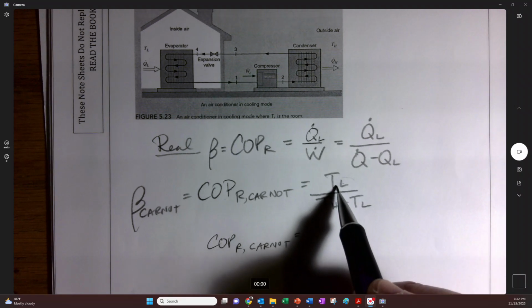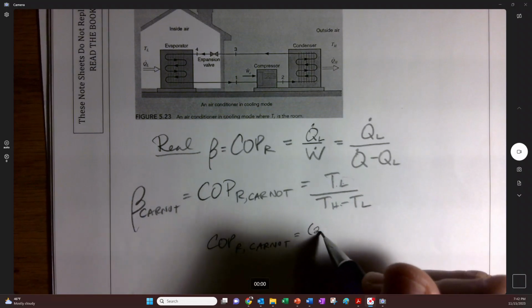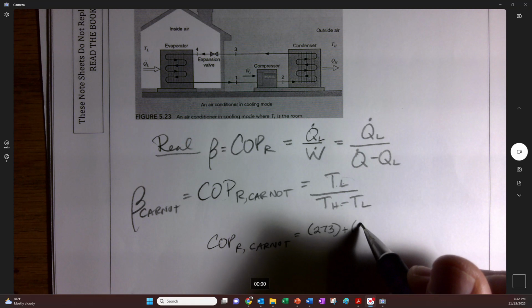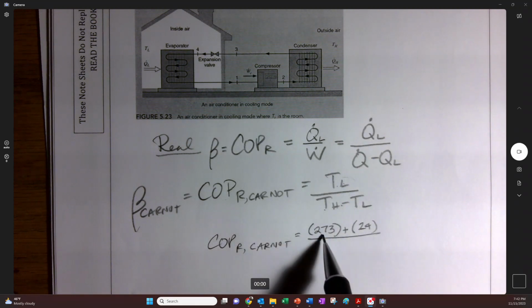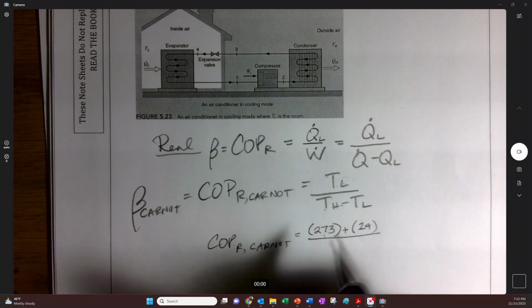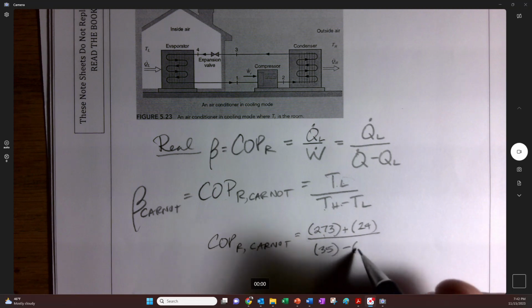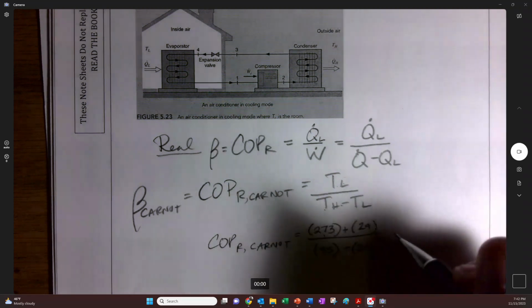It was 24 degrees, right? And remember, they have to be absolute scale, so 273 plus the 24. And we're subtracting down here, so we don't actually have to add in the 273. We could just subtract them. It's going to go from 35 to 24, right? Because you could add 273 to both of these and it would just go away.